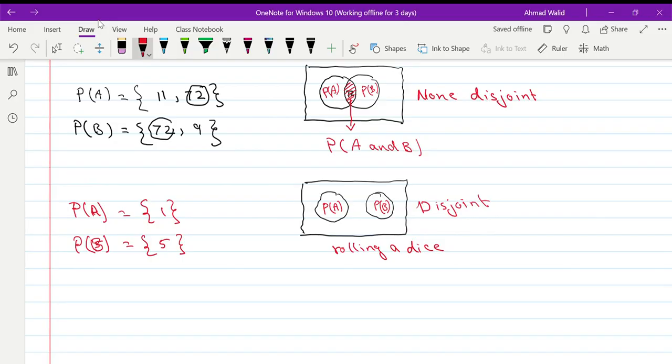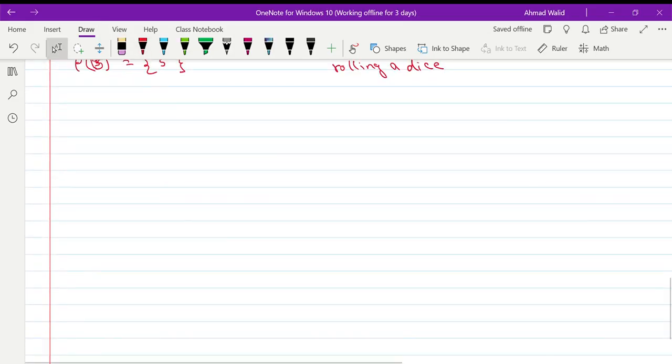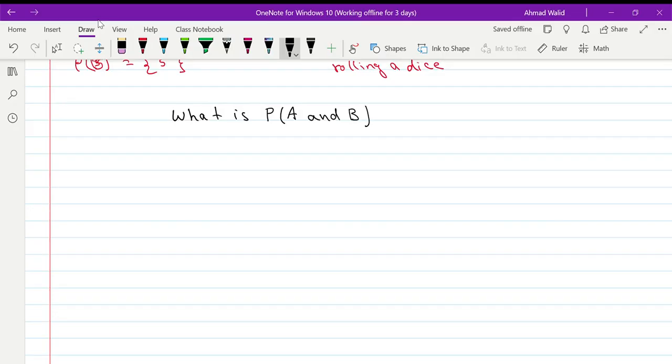Now, a quick question that we can answer here. Let's find the answer for this. What is the probability of A and B in a disjoint event?